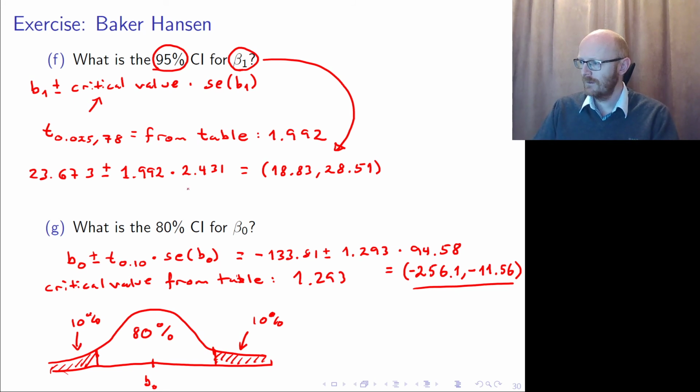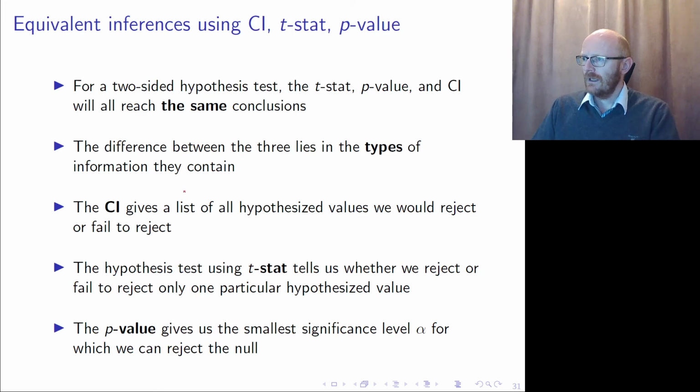Okay, and let's see, we can use to test our hypothesis.